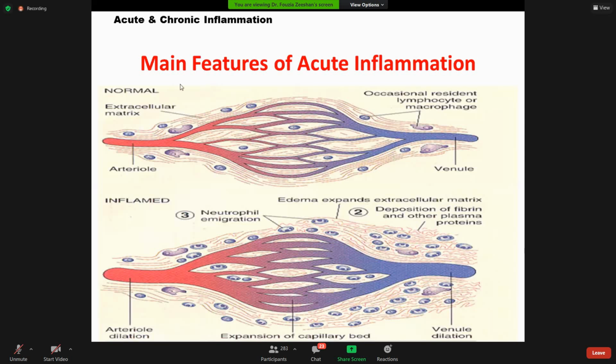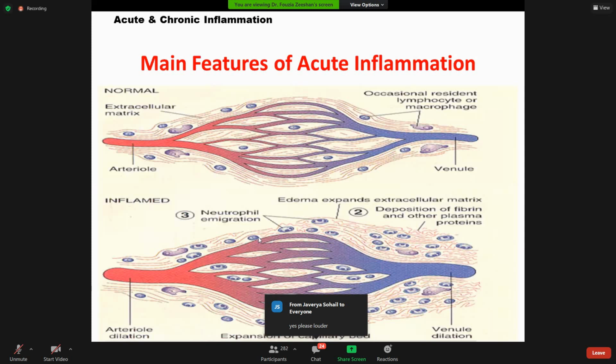You can see that normally the arterioles and the venules both have a specific diameter, and the extracellular matrix has a specific concentration.